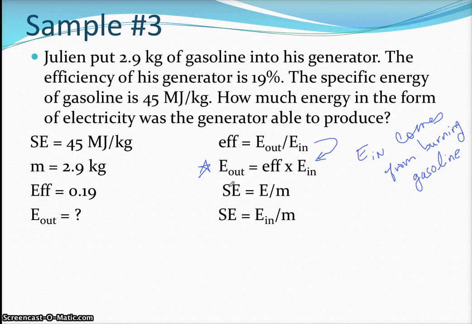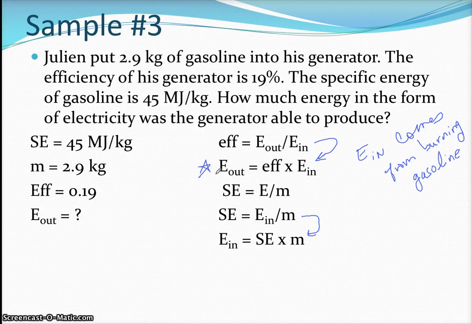Before, we looked at our specific energy equation as energy divided by mass, but really this is the energy that's going to go into the generator, the energy in, the denominator of our efficiency equation. So specific energy now becomes energy in divided by mass, and we can rearrange and solve for energy in algebraically. So now we have energy in equals specific energy times mass.